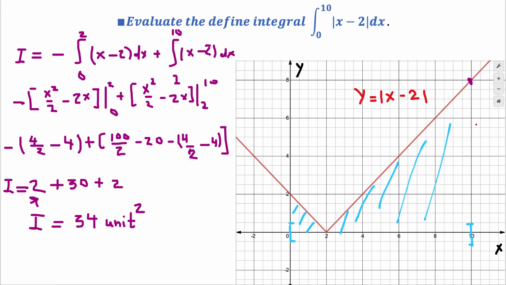So 8 times 8 is 64, times 1 over 2, the formula of the triangle, is 32 units, which plus these 2 units here is 34.